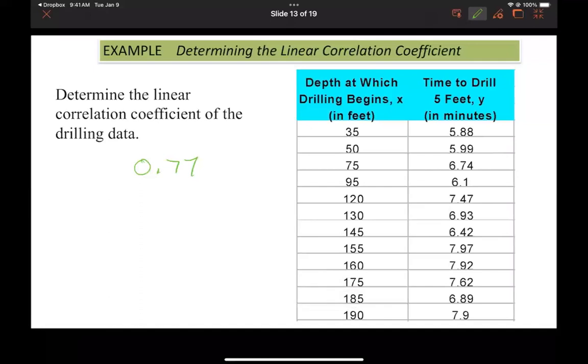I'm just going to say moderately strong. That's my interpretation. So I would be comfortable making a guess or a prediction at the time and say it's going to be approximately this amount of time. I don't think they care if it's 30 seconds off, because it could be with this correlation coefficient. Not a big deal. All right, moving on.